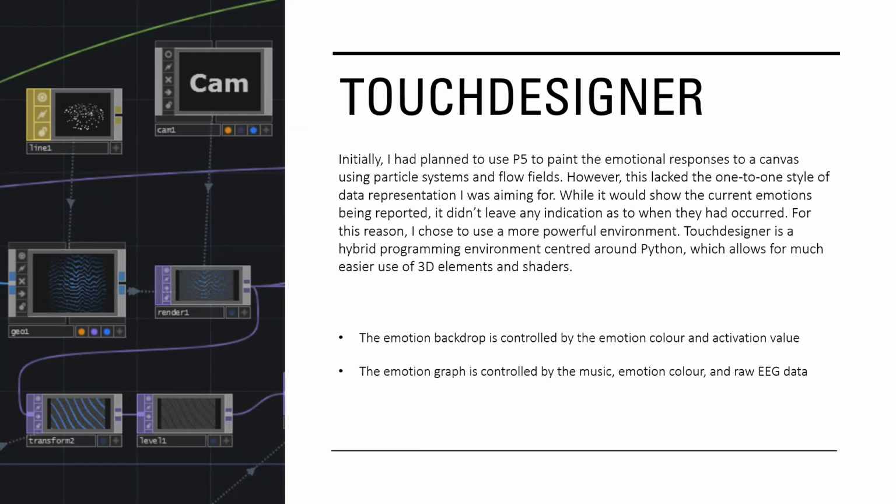The emotion color changes the color of the graph line as it moves along the raw EEG. This is another example, the Moonlight Sonata, where you can see the change from blue sad states to light blue calm states.